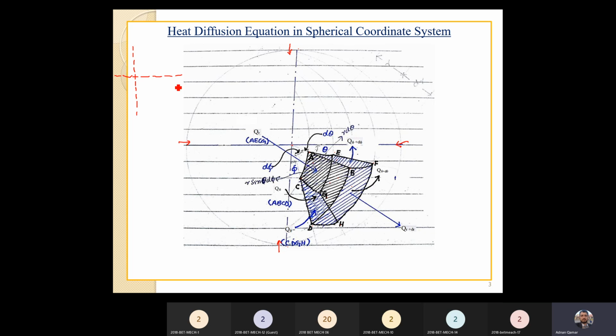Okay, so we have this center and this is the outer periphery of the sphere, and from the center to the outer periphery the total distance would be the radius, and you know that from the center to the outer periphery at any point the radius would be equal.